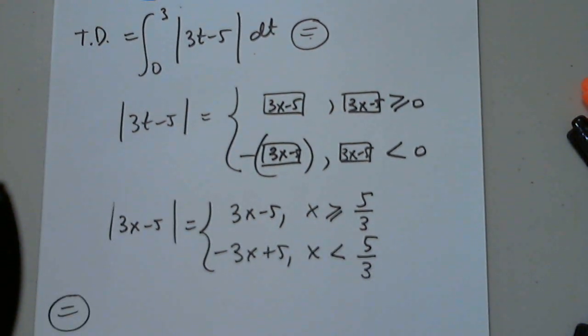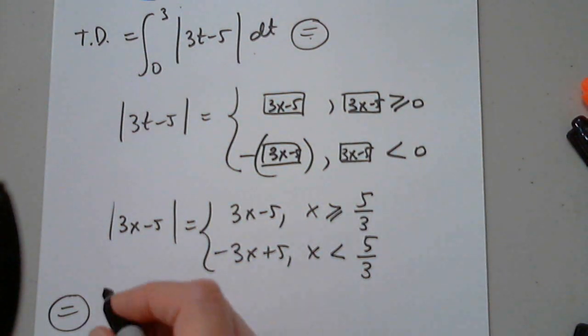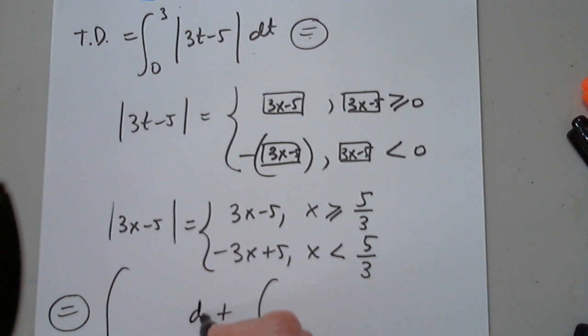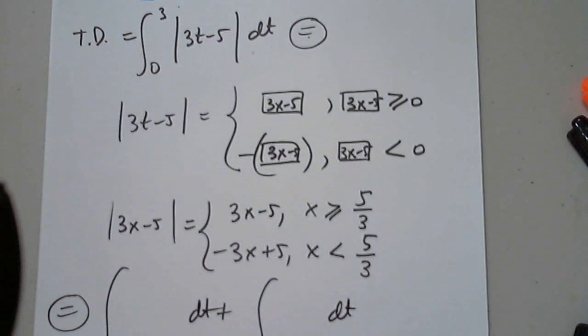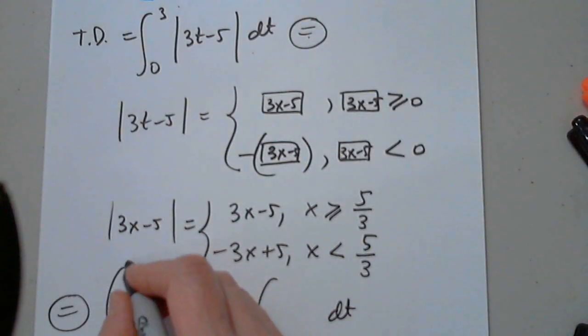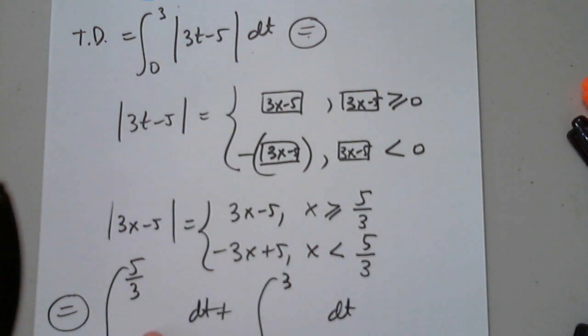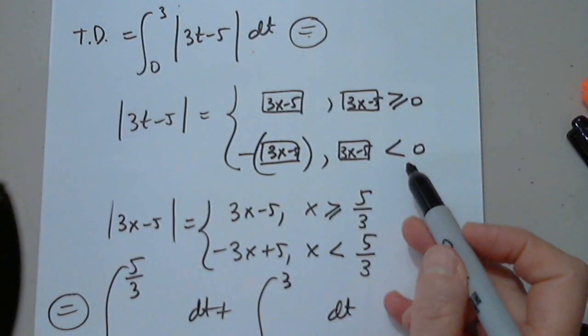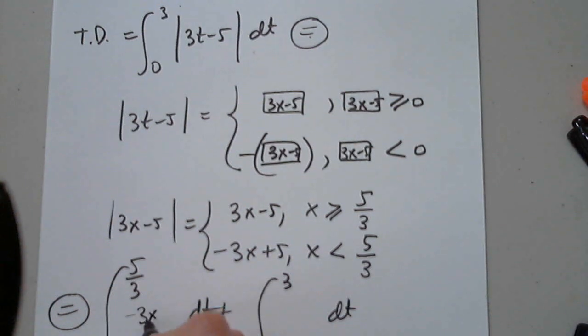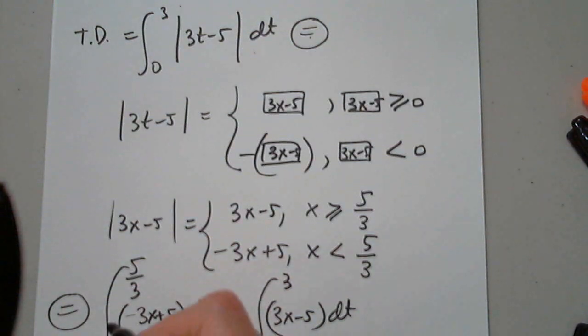Keeping this in mind, how do I determine the integral from 0 to 3 of that absolute value? 0 to 5/3 and 5/3 to 3. Yes, exactly. Which one goes in here? Negative 3t plus 5, yes, because it's less than 5/3 right here. And of course, the other one is 3t minus 5. Perfect.